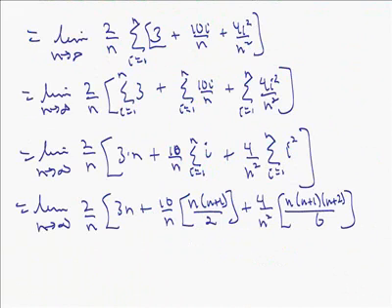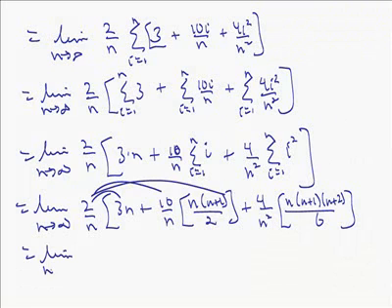Let's see what we can do here now. Well, we can distribute this 2 over n through, so we get the limit as n goes to infinity.